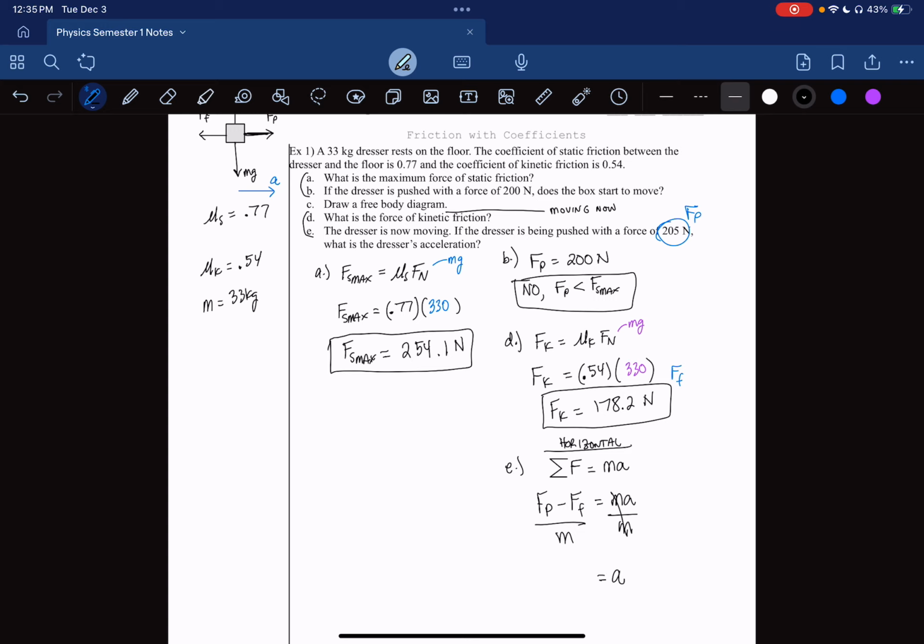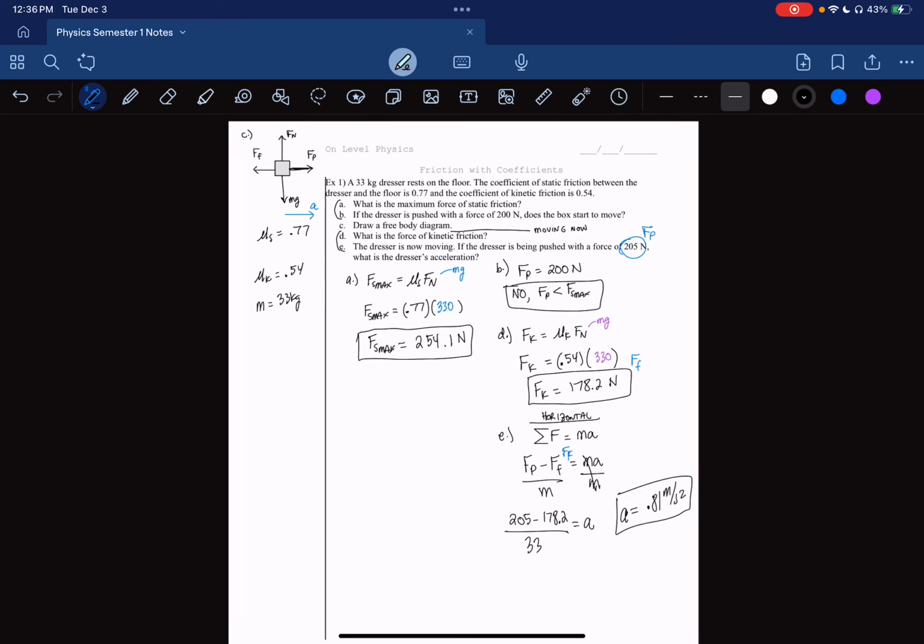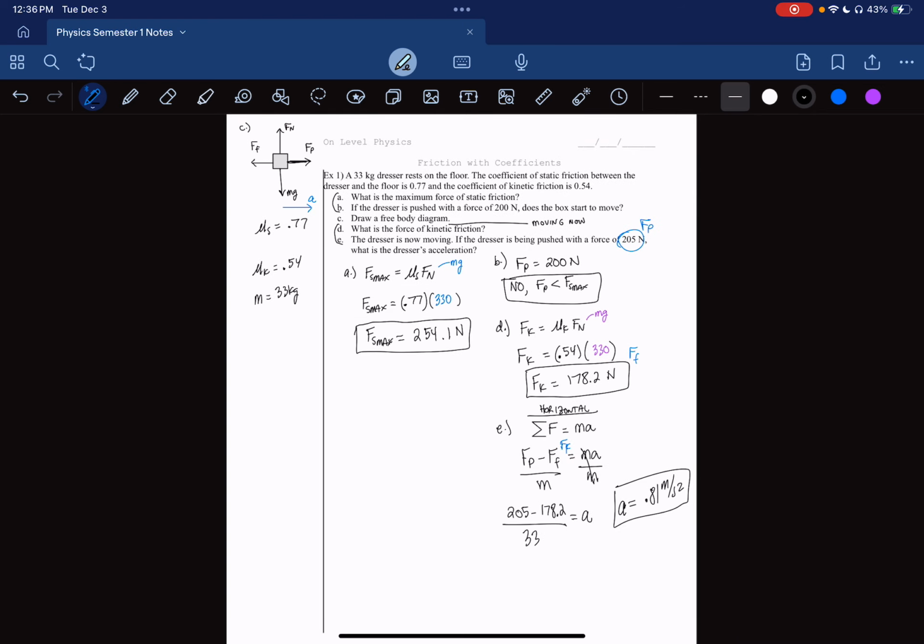Fp, remember, is now the 205. Ff is Fk, because it's kinetic. So that's 178.2 all over the mass, which is 33. So we get an acceleration of 0.81 meters per second squared. And that's typically it for these problems.